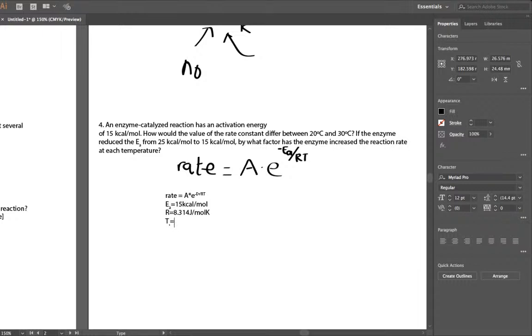T1 is 293 kelvins. T2 is 303 kelvins. Basically, to convert Celsius to Kelvin, you just add 273.